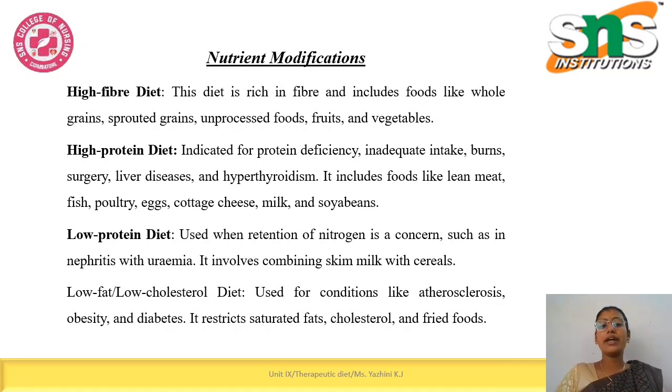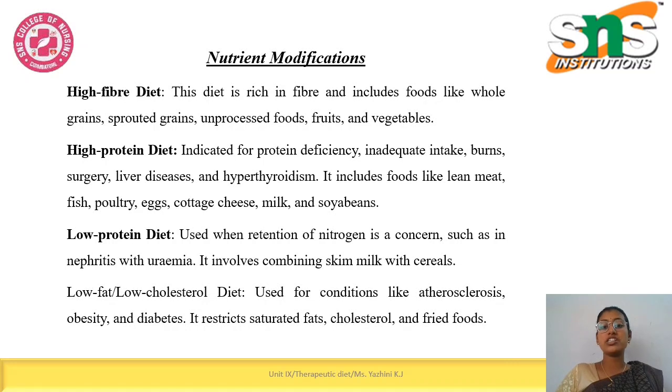And the low protein diet is for conditions like nephritis with uremia, combining skim milk with cereals, which needs to limit nitrogen retention. For the low fat and low cholesterol diet, we focus on heart related diseases, obesity and diabetes, restricting saturated fats.